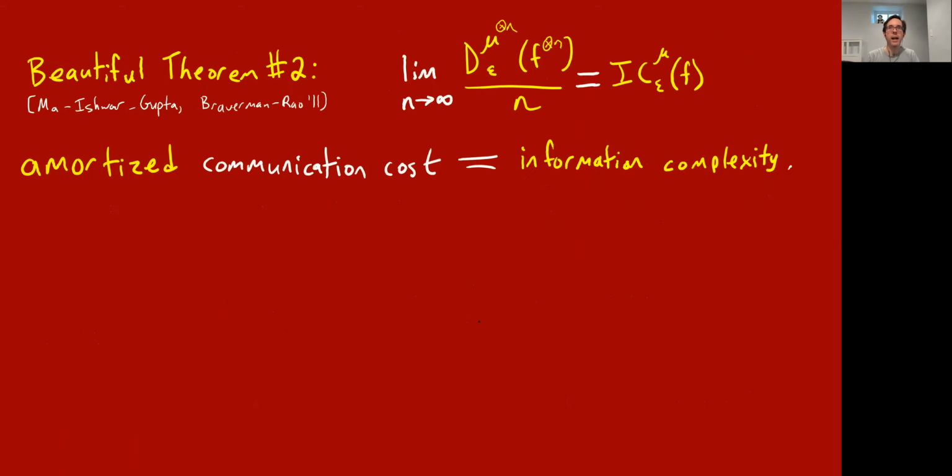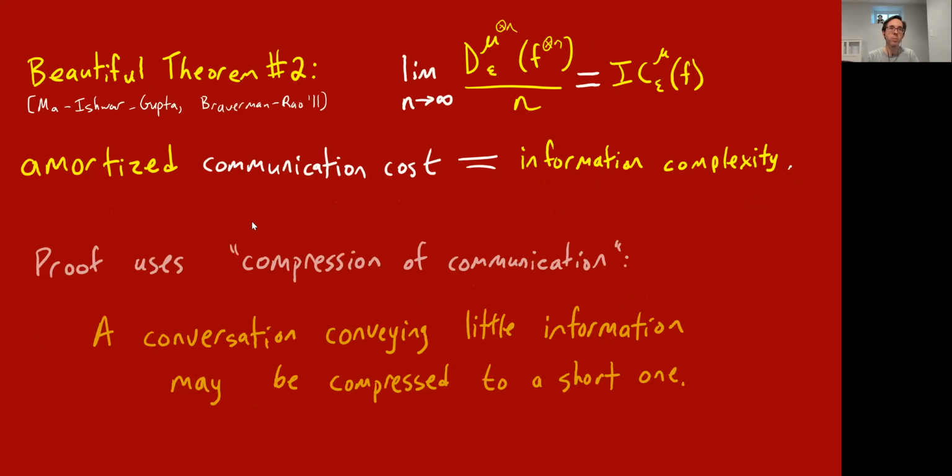And I'll just end by saying one word about the proof. To prove the upper bound, you need to actually exhibit a communication protocol which really takes advantage of amortization, and takes a protocol that has a lot of communication but not so much information being conveyed, and compresses it into a short communication.